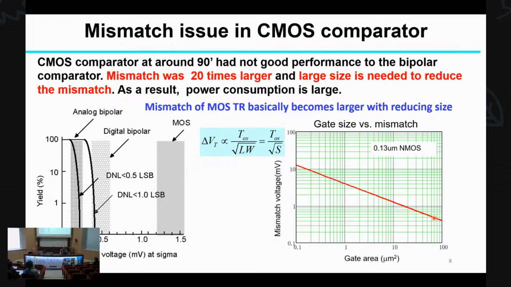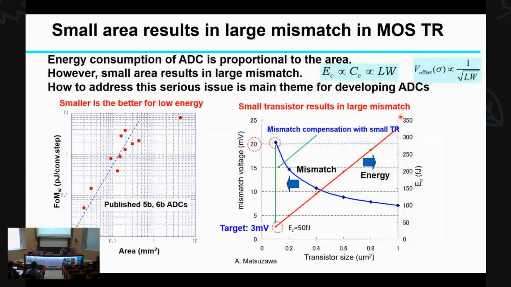Sometimes we need to increase the gate area, and this results in an increase of the power. The mismatch of CMOS transistors basically becomes larger with reducing size. This is another fact. This is the area, and this is conversion energy.